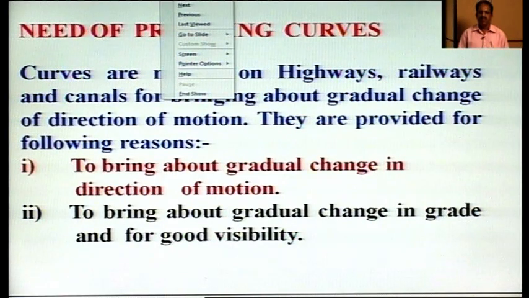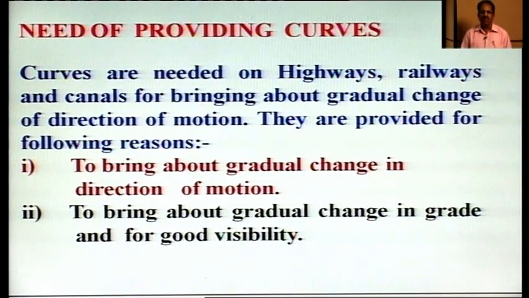Number 1 is to bring about gradual change of direction of motion, and second is to bring about gradual change in grade. So, these are two reasons. And for good visibility.